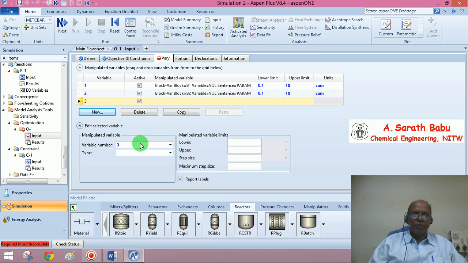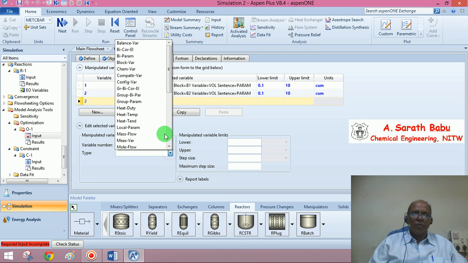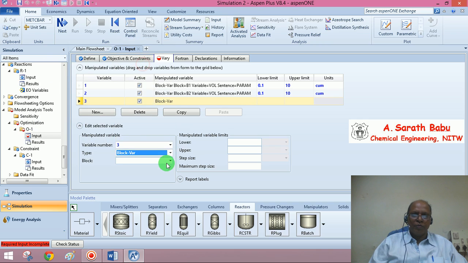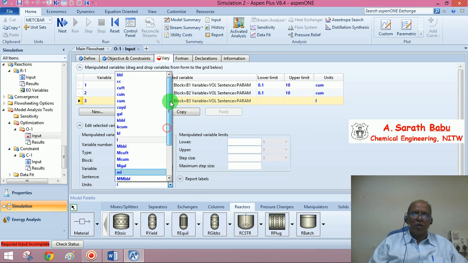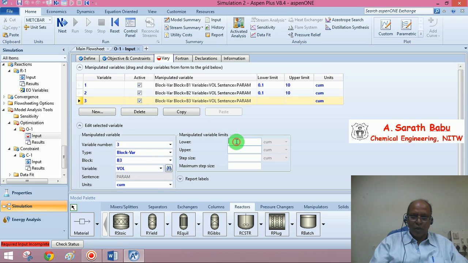New block variable, block is B3, volume in cubic meters, say 0.1 to 10.